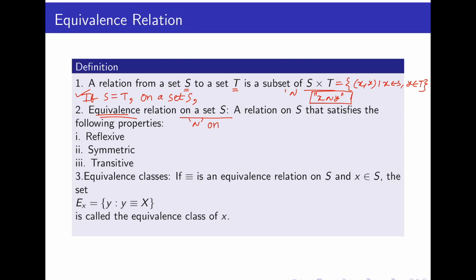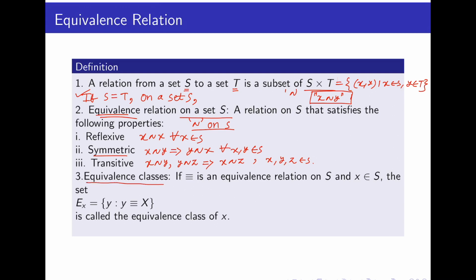Suppose this is a relation on the set S, then it is said to be reflexive if x is related to x for all x belongs to S. It is called symmetric if x related to y implies y is related to x for all x, y belongs to S. And it is called transitive if x related to y and y related to z implies x is related to z, where x, y, z belong to S.